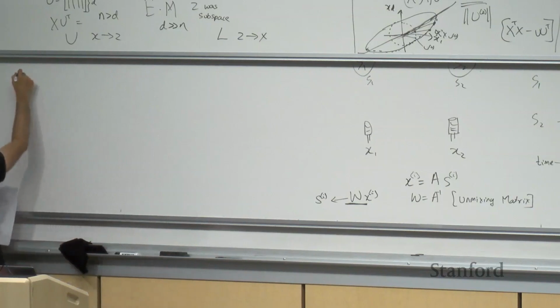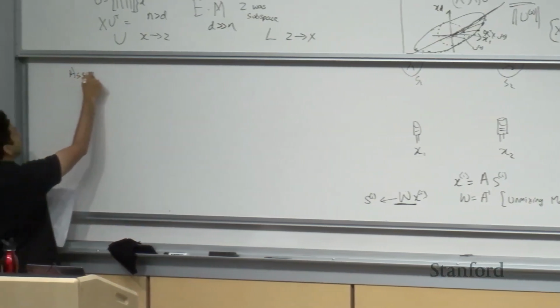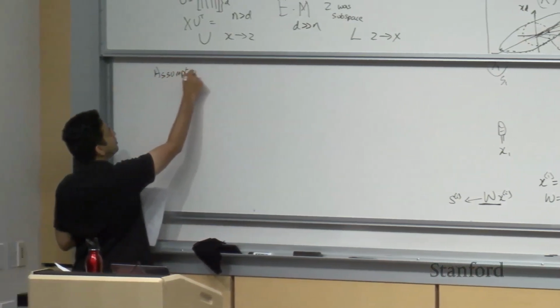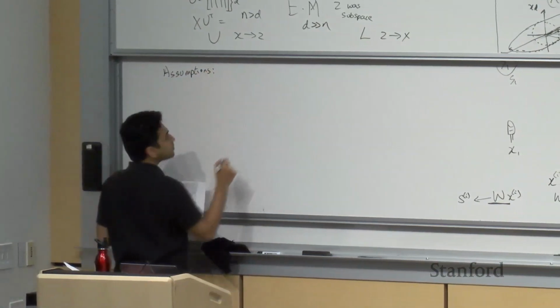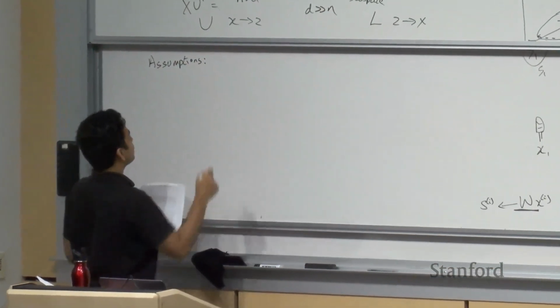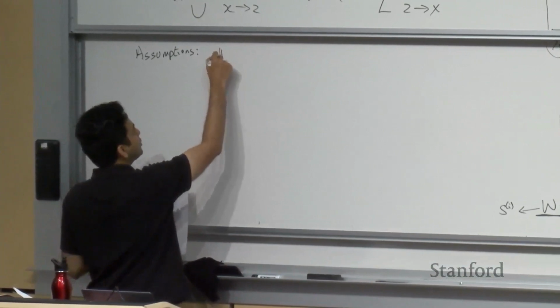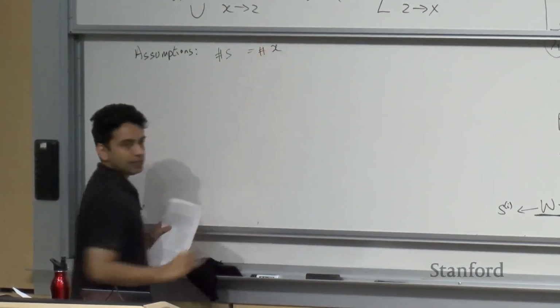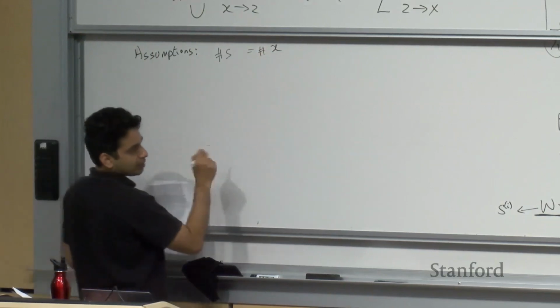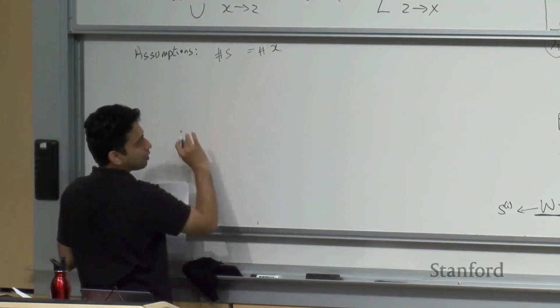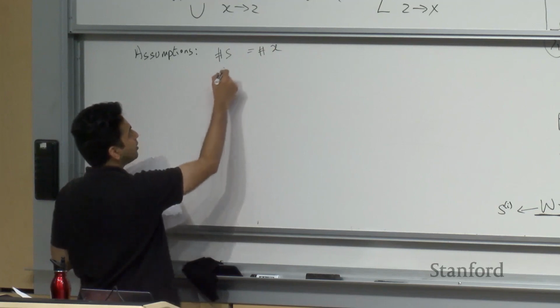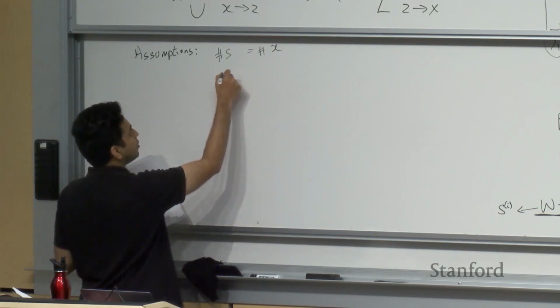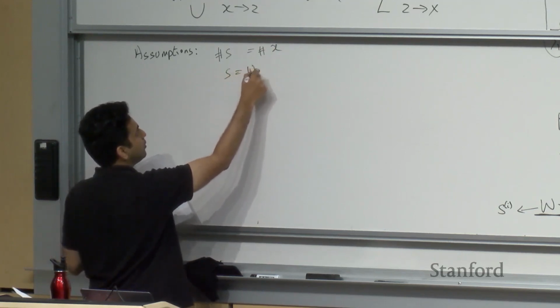So what are the assumptions we've made so far? The first assumption we made was number of speakers equals number of microphones. The second assumption was that these two are associated with a linear relation, so S is equal to WX.